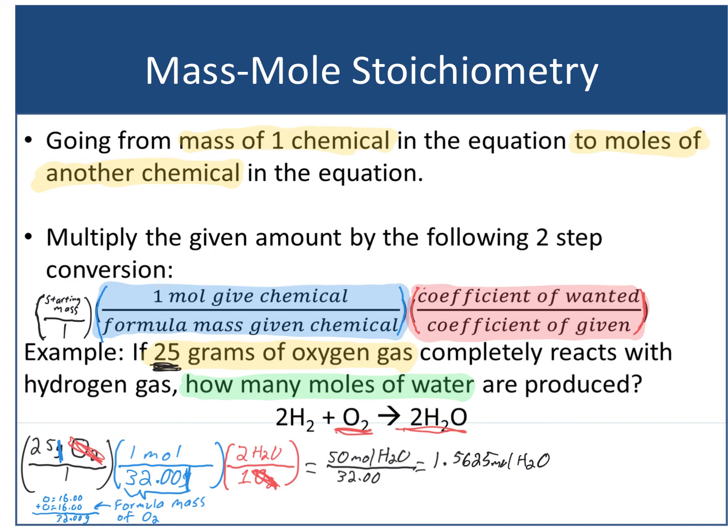I started with 2 sig figs in 25, so the 1 and the 6 are my 2 sig figs. The 2 tells me to round down. I get 1.6 moles of water as my answer. That is mass to mole. Start with a mass and end in a mole.